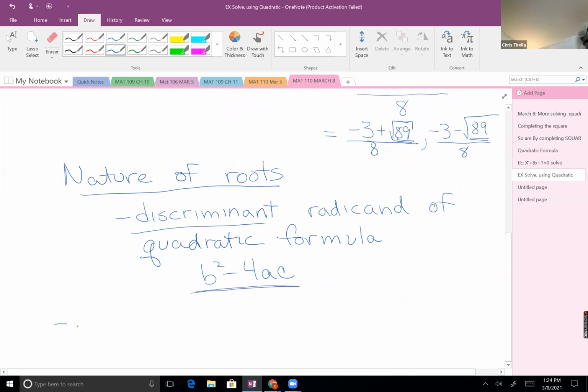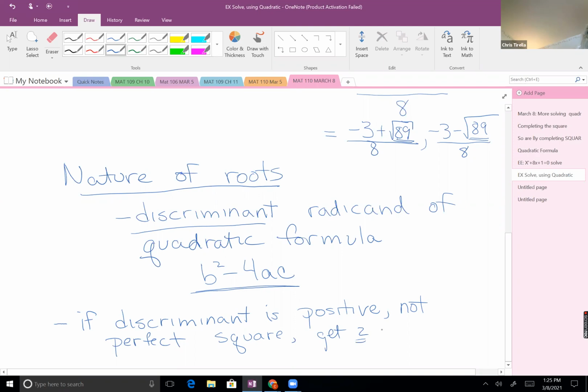And in both those examples, we found that if the discriminant is positive but not a perfect square, we get two irrational solutions.